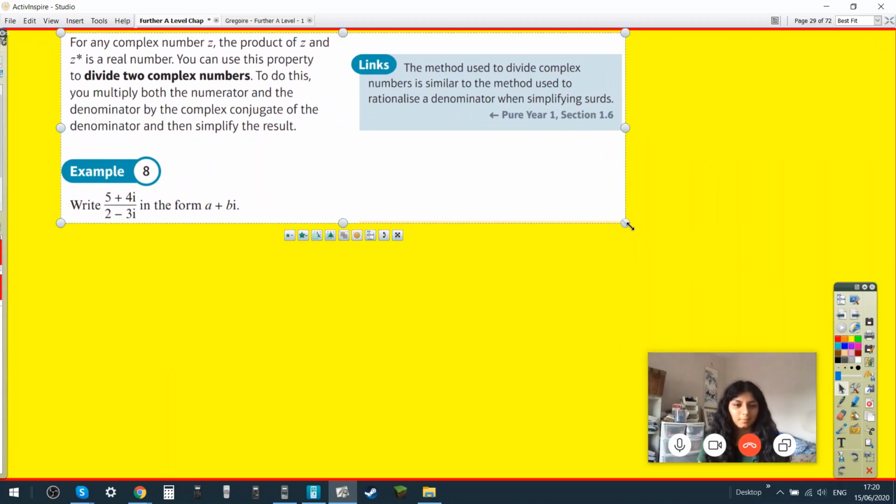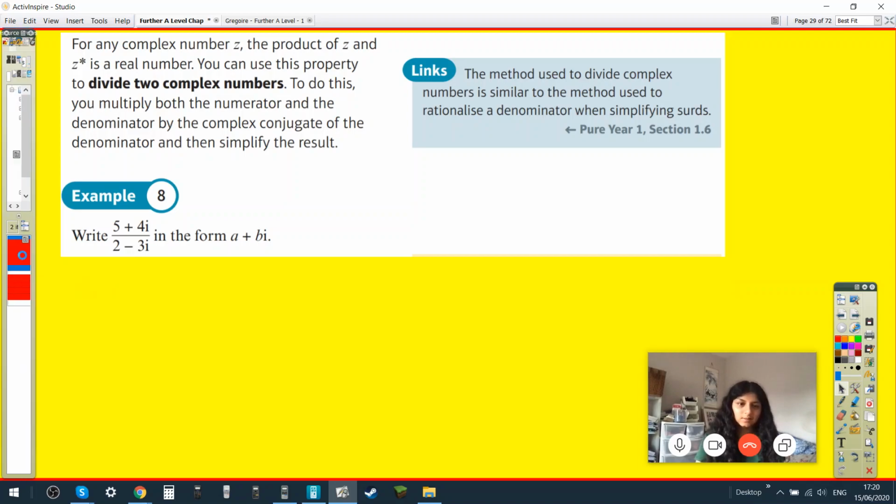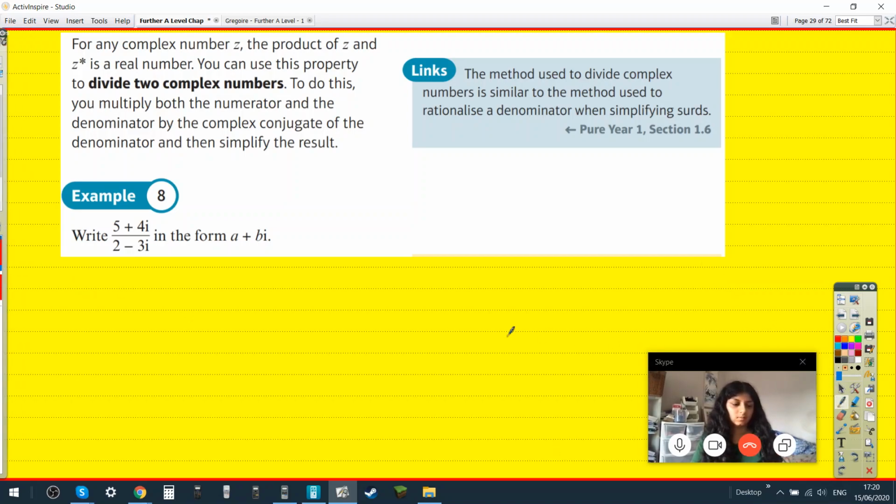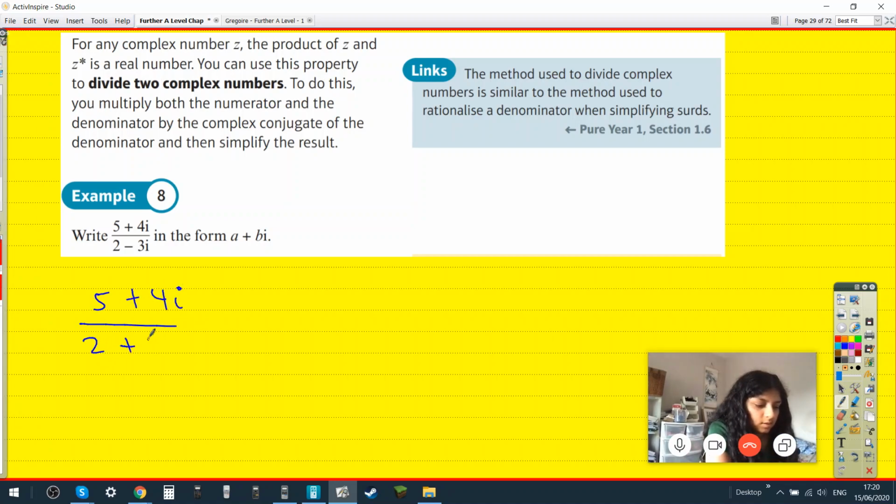So you have to multiply it by 2 plus 3i. Mm-hmm. So then you get the numerator.